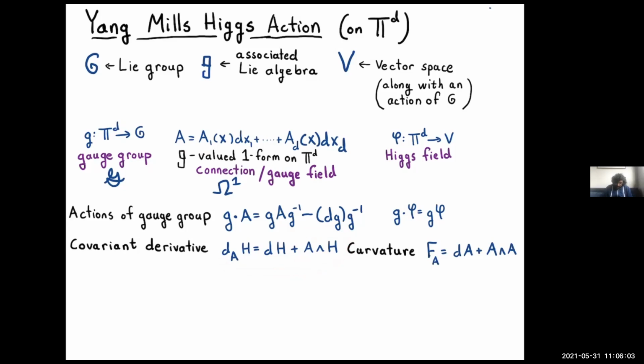And then one of the main characters of the story is a type of derivative of the connection, which is called the curvature. In terms of linking this back to why this is a useful language for physics, in principle, what you should imagine is that the connection or the gauge field is some sort of potential for a fundamental force of nature.